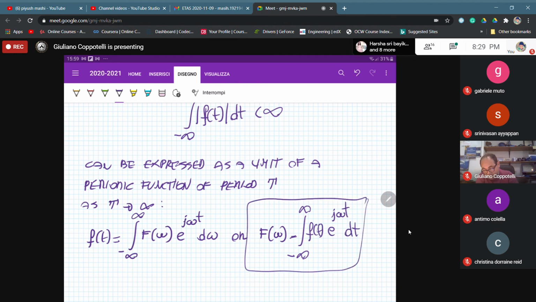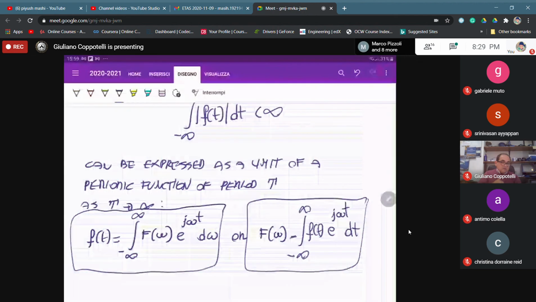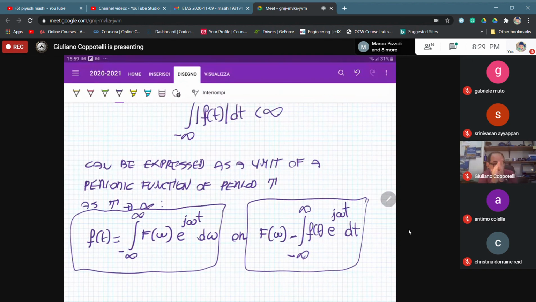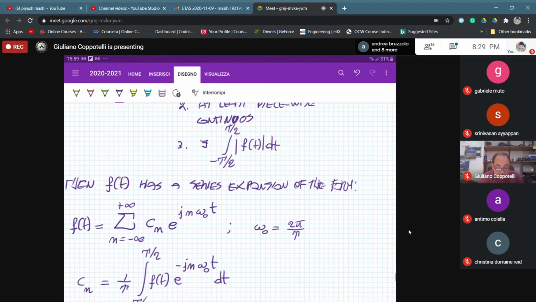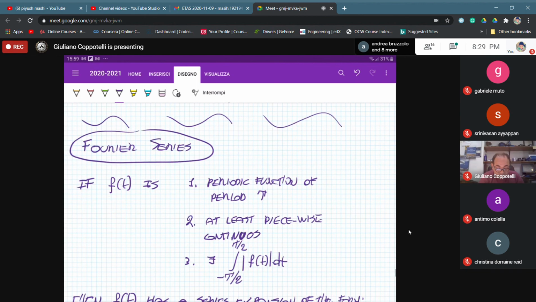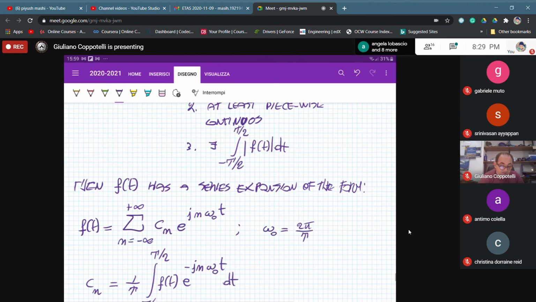So these two expressions are, one the tool to go from time to frequency domain, the other the reverse, and these are very close to the Fourier series, but now we are talking about different things.